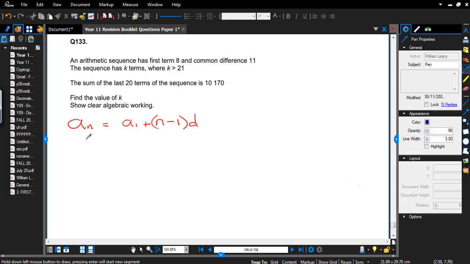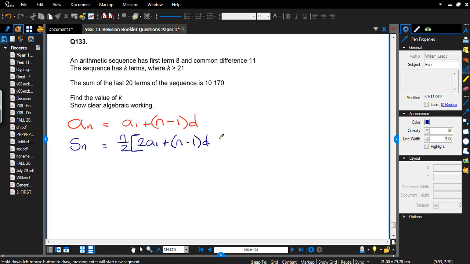Now for a series, a series is a sequence of numbers added together, so it's the sum of the sequence. Here the series S_n equals n over 2 times (2 times a_1 plus (n minus 1) times d).